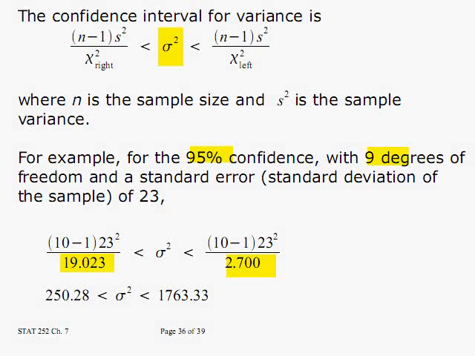That's 10 minus 1. And because we're given that the standard deviation for the sample is 23, put the 23 there and square it and work out the arithmetic. You find that with 95% confidence, you could say that the variance for the population lies between 250.28 and 1763.33.